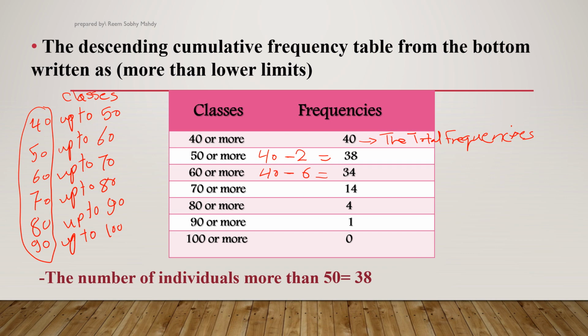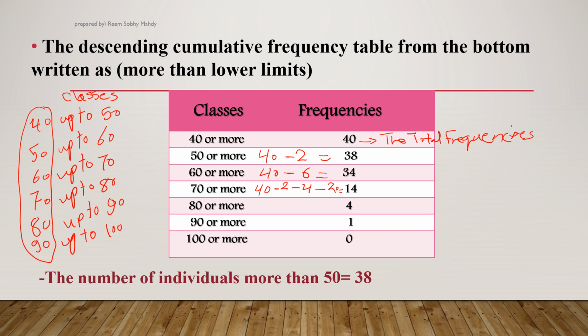For the fourth class, it equals the total frequencies minus the frequencies of the first, second, and third classes, and this equals 26. From 40 means 14, and so on till the end of the data.